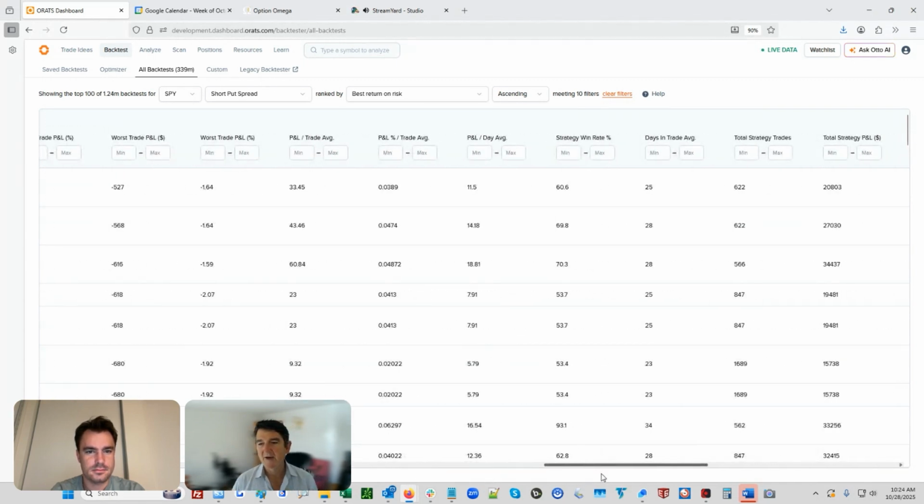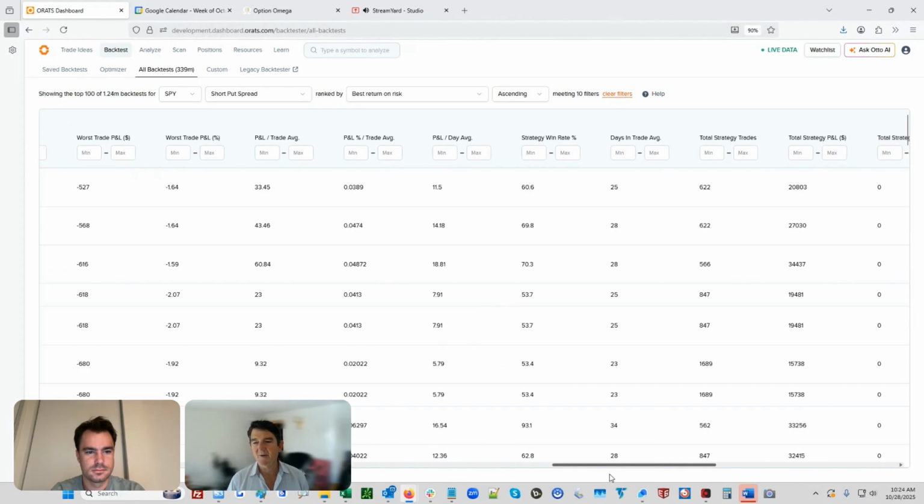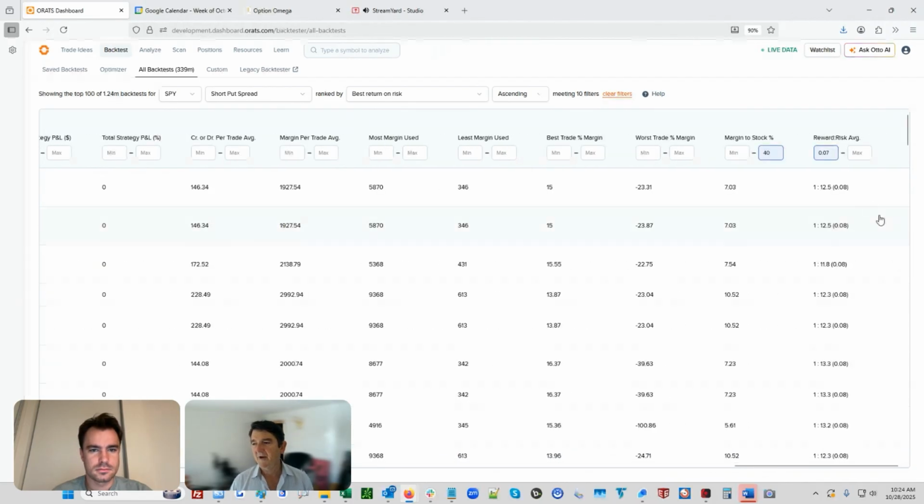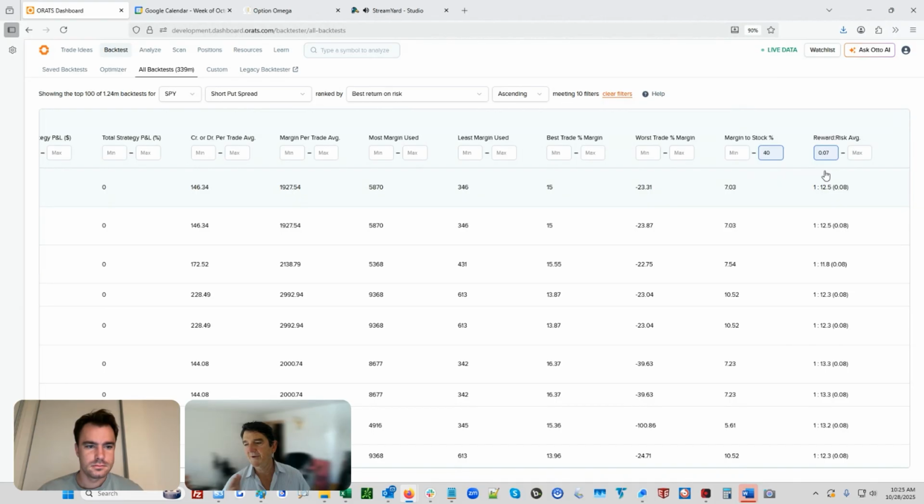You could get lost diving in on what the win rate is. Are you someone that likes to have a high win rate? You could set the min and max there. Are you someone that wants to get in and out of a trade? What is the actual holding days? Are you someone that has a reward to risk, where you don't want to be selling like a 20-to-1 shot?